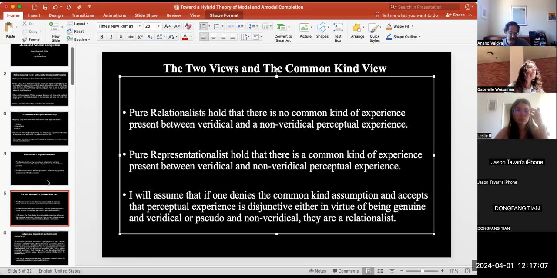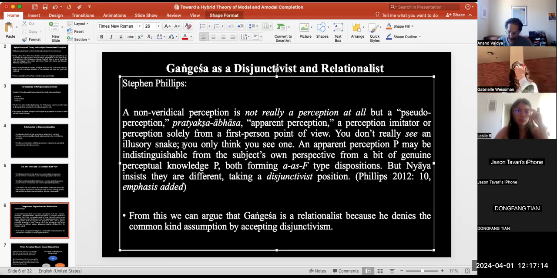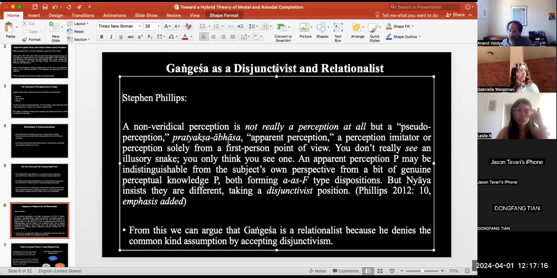Okay. So now it's important to make the connection here to some of the Indian philosophers. For example, Gangesha, who was a later Nyaya philosopher in the Navya Nyaya tradition, what's known as New Nyaya, is basically a disjunctivist. Stephen Phillips famously said, a non-veridical perception is not really a perception at all, but a pseudo-perception, pratyaksha abhasa, apparent perception, a perception imitator, or perception solely from a first-person point of view.